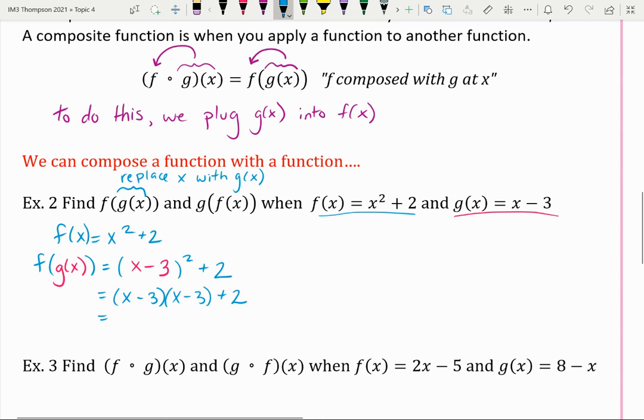X minus 3 quantity squared is always written twice. X minus 3 times x minus 3. I'm just going to multiply that out. X squared minus 3x minus 3x plus 9 plus 2 at the end.